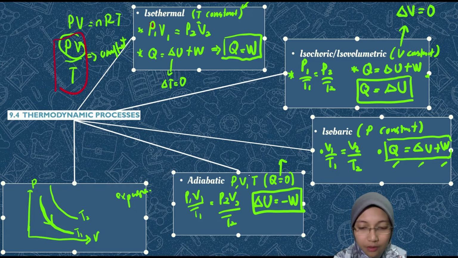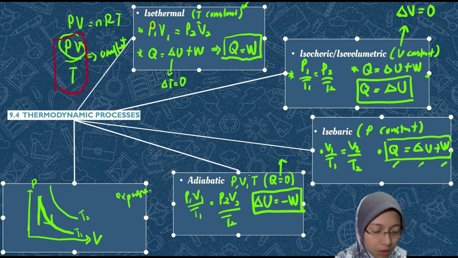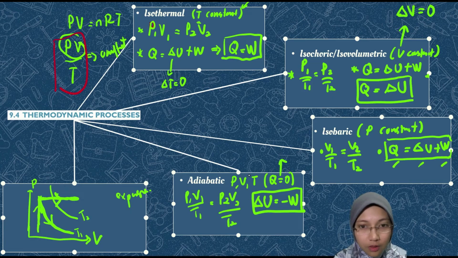Then you have the graph of isochoric. Isochoric is constant volume, so it must be like this. So this is isochoric, either up or down. Isobaric is constant pressure, so this is the graph of isobaric. If it is expanding, it will be directed to the right or vice versa.